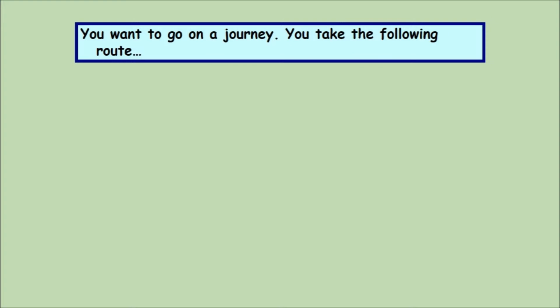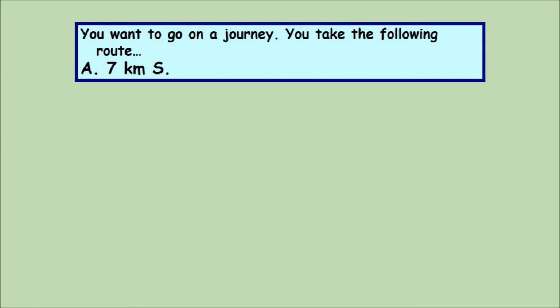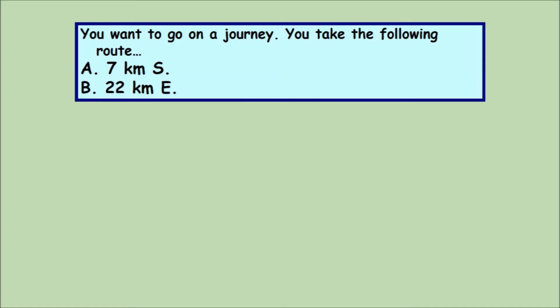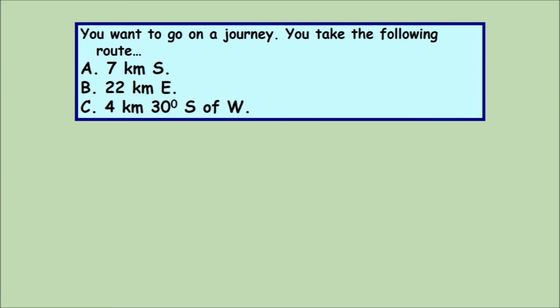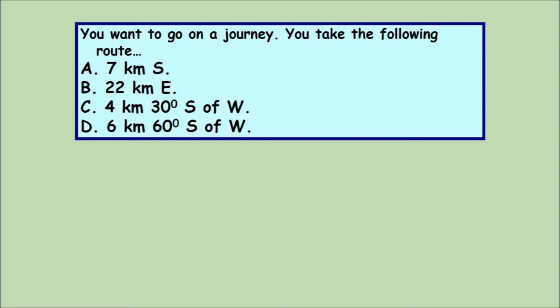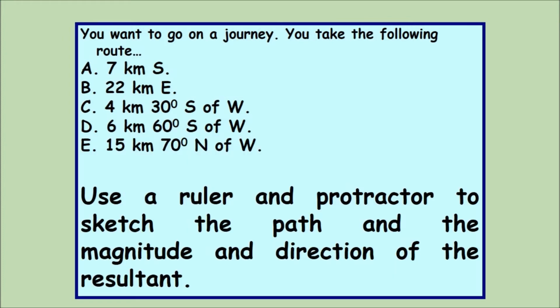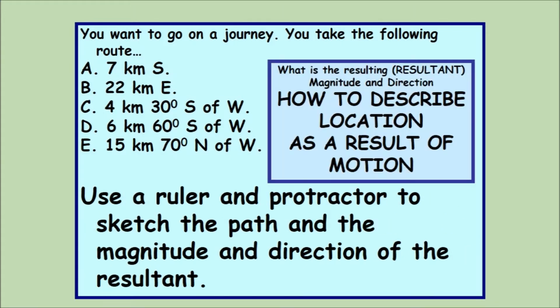Now we want to do another problem where we're actually going to use a pencil, protractor and ruler, find the scale, and then when we're all done, we'll go from the origin, tail to the head of the last vector that I put in. There are the 5 vectors I'm going to do.